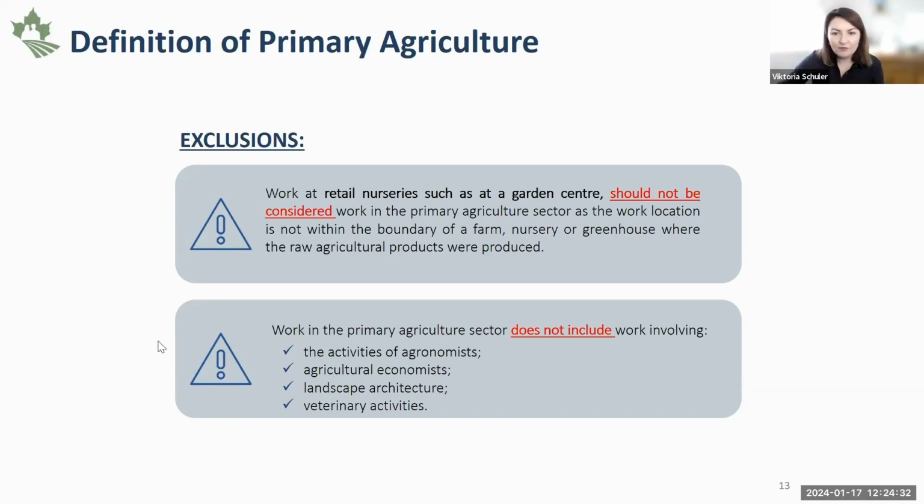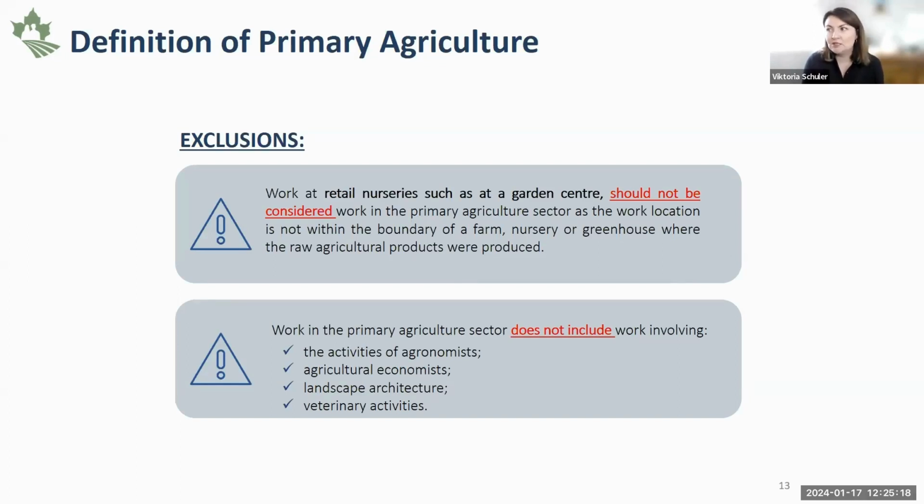So the important information for landscape and nurseries, and I took it from the Service Canada operational manual, because when we were preparing the educational webinars for the employers, it's always good to see how their officers think, what the instructions are, and sometimes there is more information in their operational manual about what they need to do, A, B, C, and D. So when the officers assess an LMIA application, if we're talking about work at retail nurseries, such as a garden center, it should not be considered work in primary agriculture, especially if the work location is not within the boundary of the farm, nursery, or greenhouse.